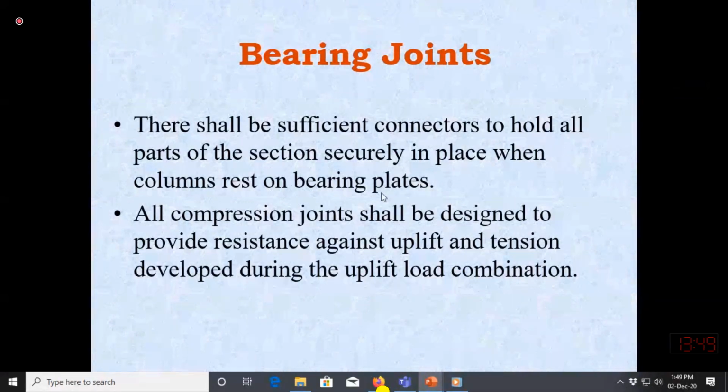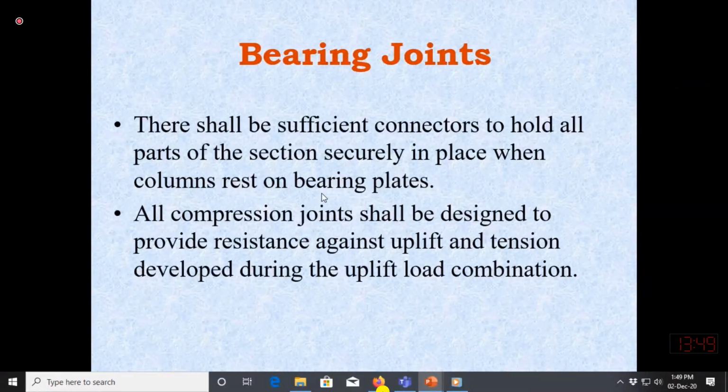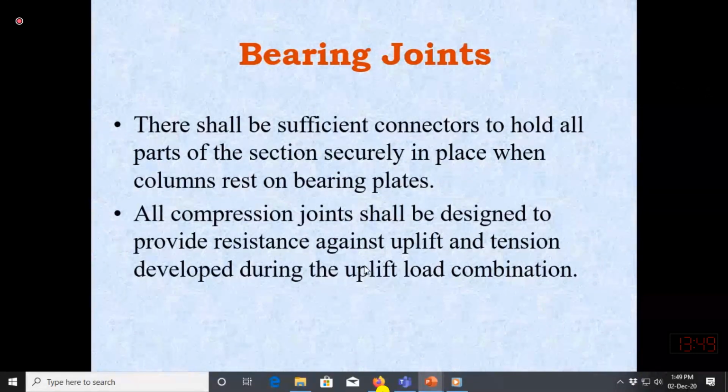So this type of connection will be called bearing because this plate is bearing all the compressive forces of the column. So all compression joints shall be designed to provide resistance against uplift and tension developed during the uplift load combination. So I will explain this type of connection when you complete your truss design, because you need to provide one bearing joint for your truss design.